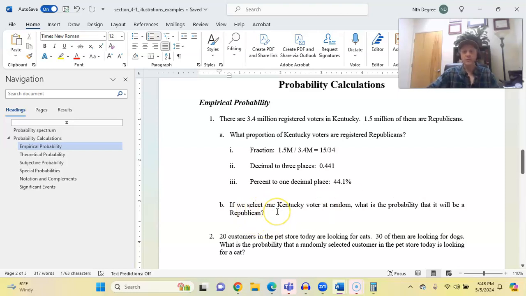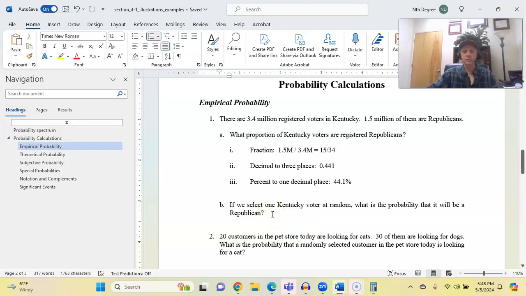B, if we select one Kentucky voter at random, what is the probability that it will be a Republican? Notice, again, I'm being subtle with my word choices here. In part A, I used the word proportion because we were talking about millions of people. And in part B, I'm using the word probability because we're only applying it to one person.